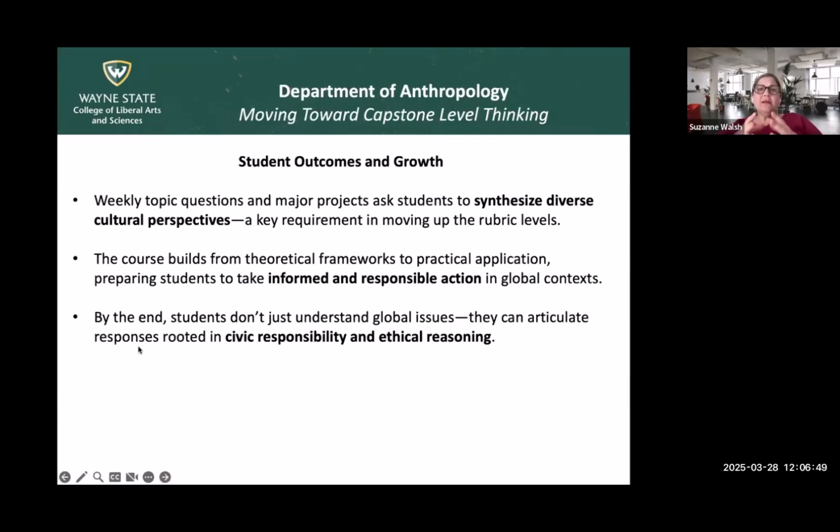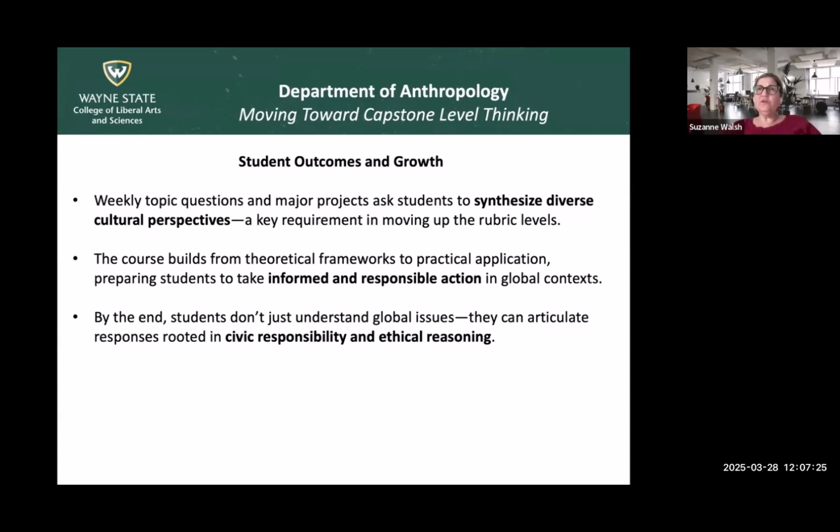So in terms of student outcomes and growth along this rubric, there are weekly topic questions and major projects that students do. And within both of those topic questions and the projects, they're asked to synthesize diverse cultural perspectives. Quite often, I will have students also bring in their own perspective. We have a really rich and diverse student body at Wayne State, and I want them to feel free to share their own personal perspectives, maybe their family perspective.